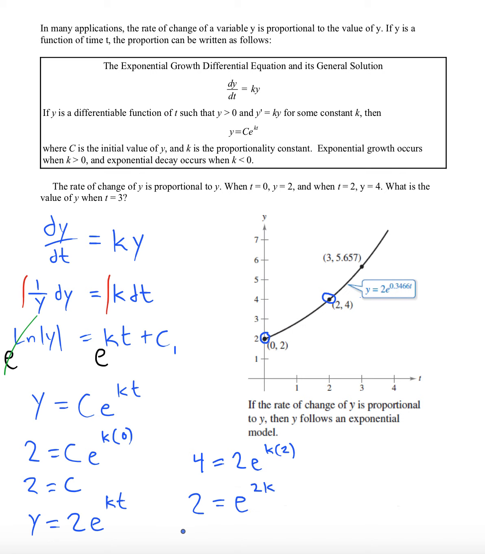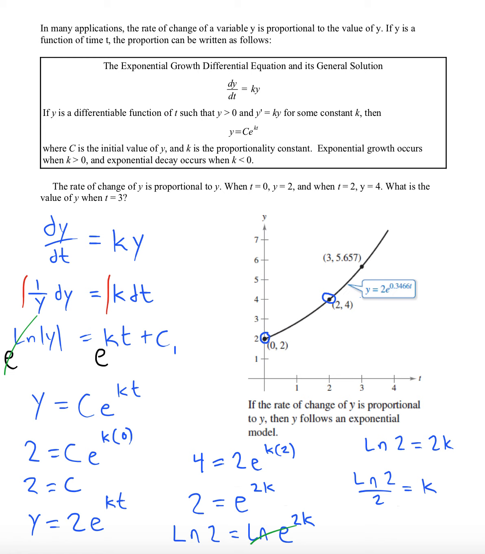And then we'll want to take the natural log of both sides. This will have the effect of canceling the e. So we'll get ln 2 equals 2k. Therefore, ln 2 over 2 is k.